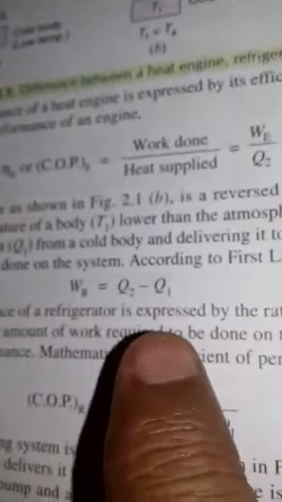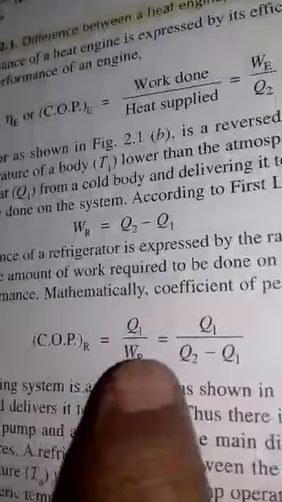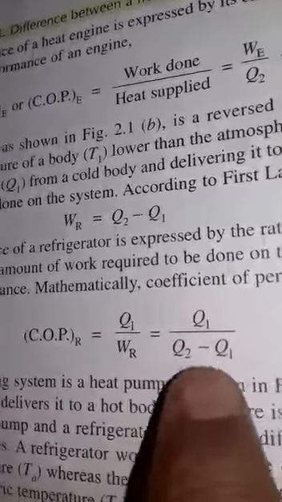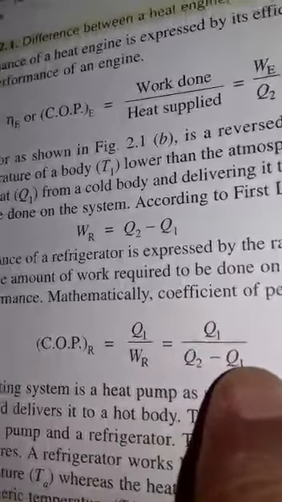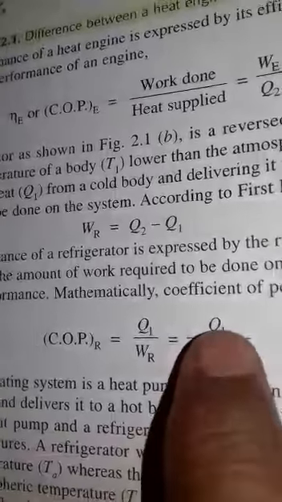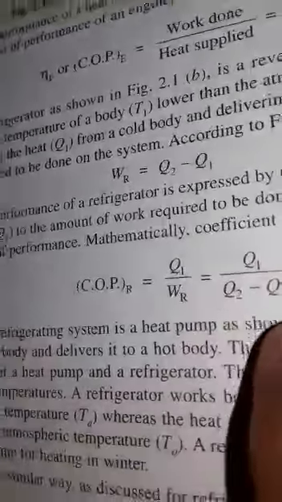So cooling effect is your, here Q1 heat is being taken out for the refrigerator and that is being added with the work and it is going to the high temperature side. So COP of refrigeration is given by Q1 upon Q2 minus Q1. Q1 is the heat supplied, Q2 minus Q1 is the work done.